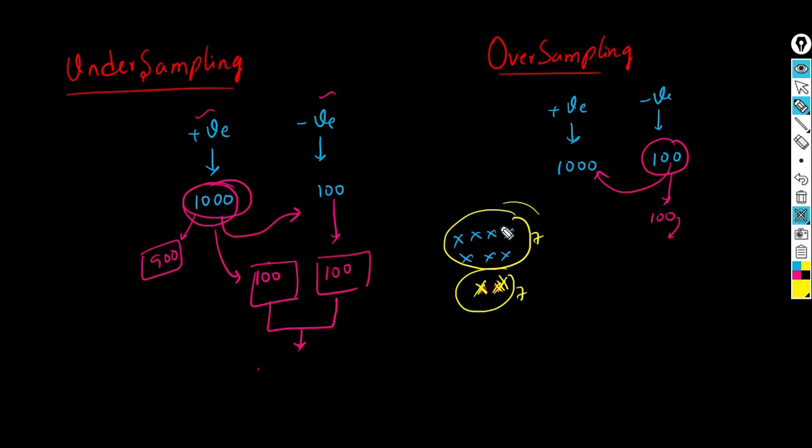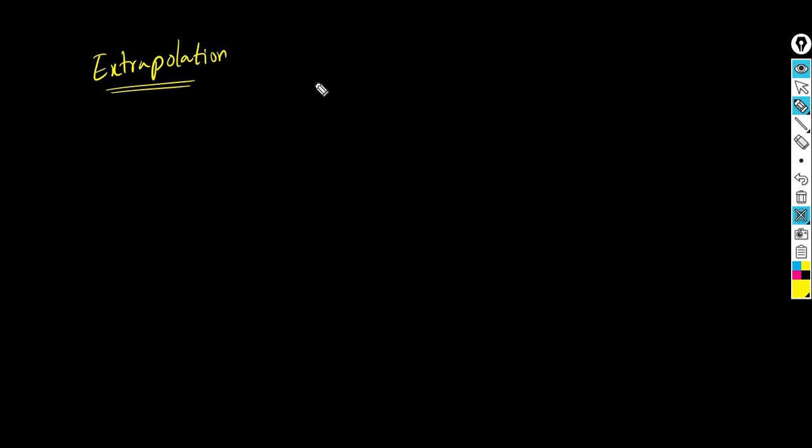Let's see one more approach. The other approach is extrapolation. In extrapolation, we are going to create artificial points. Let's see how we can create those points. Suppose these are the positive data points, and these are the negative class points.